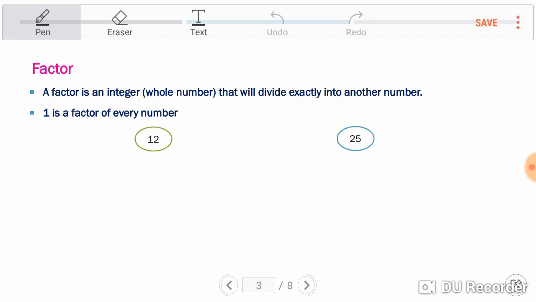Okay. الفاكتورز is an integer that will divide exactly into another number. طيب, how do we find all factors of 12?